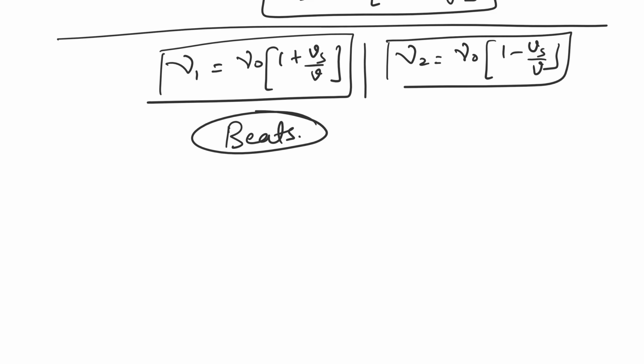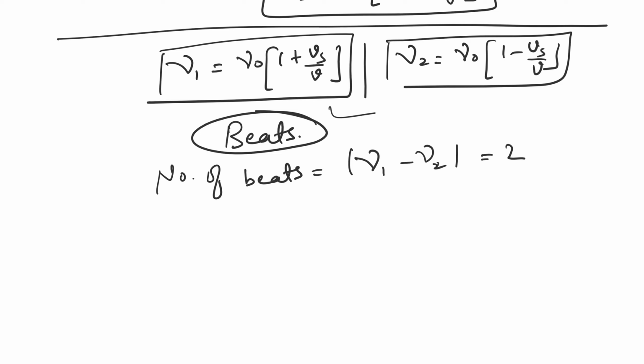The number of beats is equal to the mod of the difference of their frequencies. This is given to us in the question: the number of beats is given as 2.